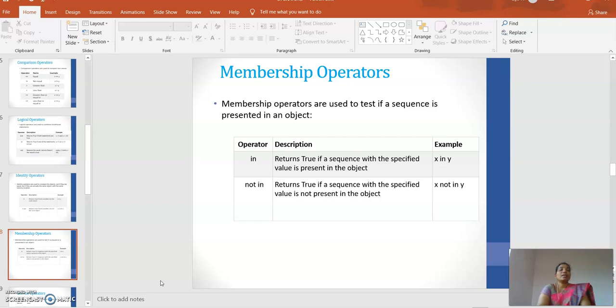In returns true if a sequence with the specified value is present in the object. The example is x in y. Not in returns true if a sequence with the specified value is not present in the object. Example, x not in y.